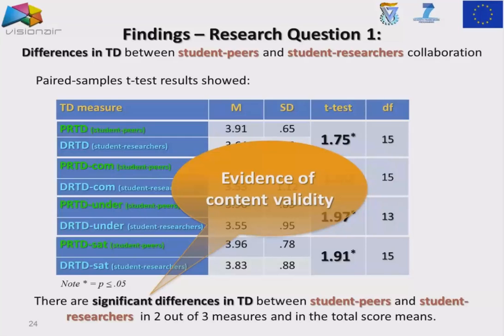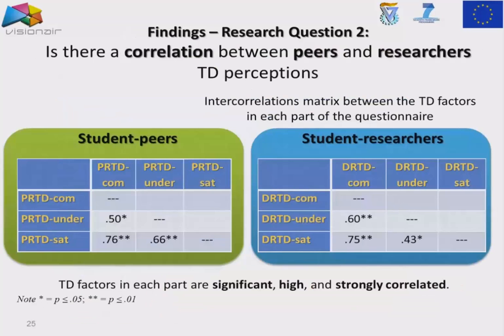We did hypothesize that there would be differences between them. The second research hypothesis deals with correlation between those two types of transactional distance. But first you can see that there is an intercorrelation within each one.